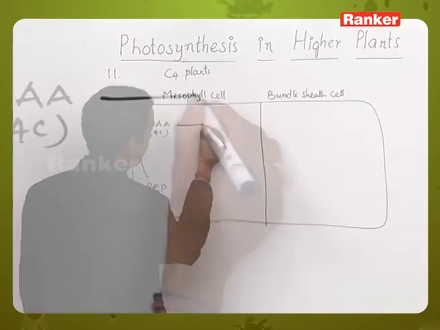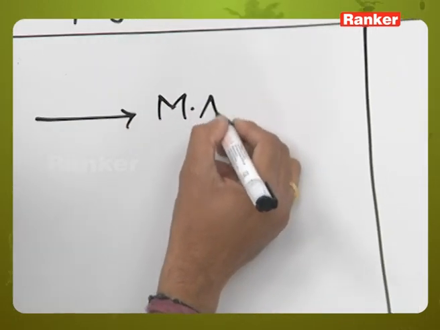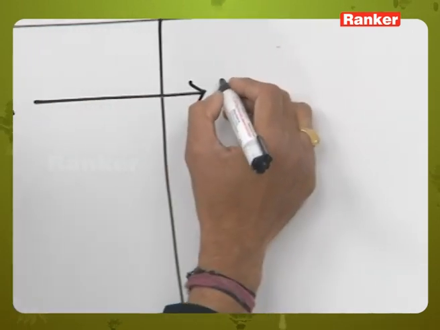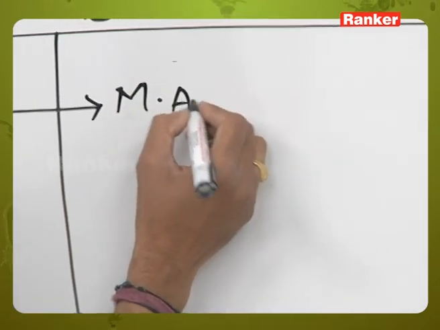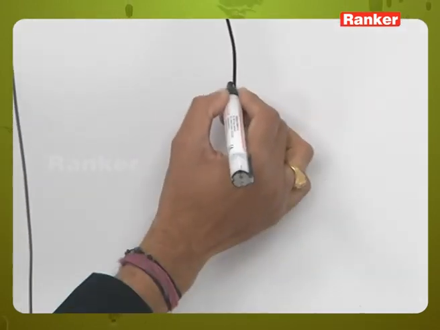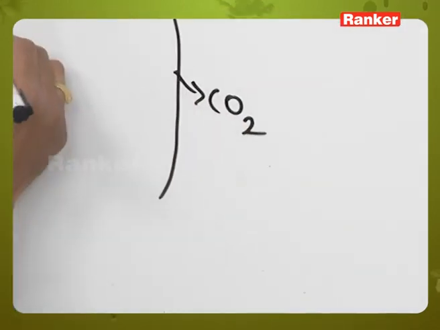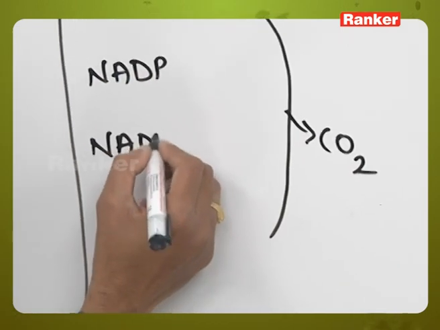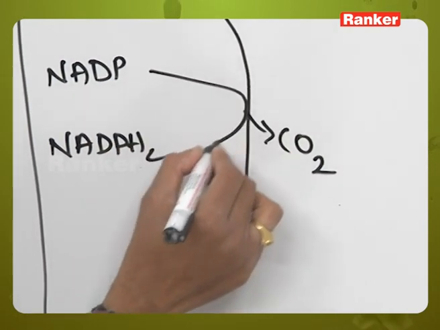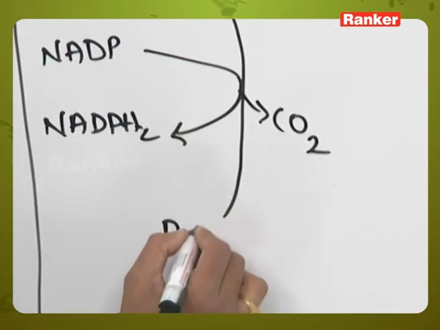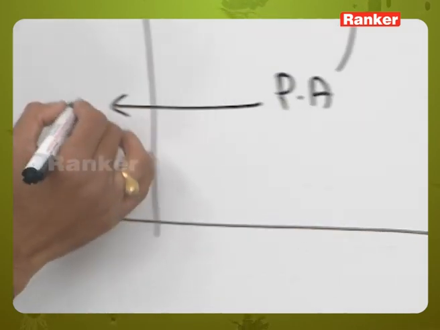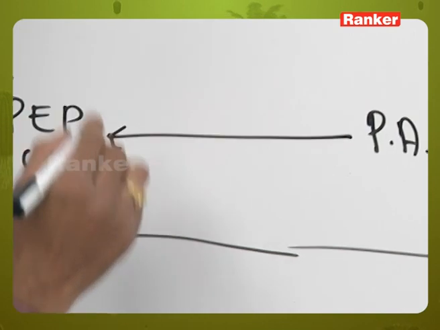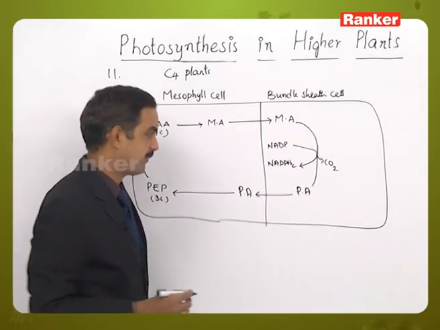This compound is converted into malic acid, and the malic acid formed will be transferred from the mesophyll cell into the bundle sheath cell, where it will undergo oxidative decarboxylation by losing carbon dioxide and hydrogen, and be converted into pyruvic acid. This pyruvic acid will once again enter the mesophyll cell, where it will be converted into phosphoenol pyruvate.